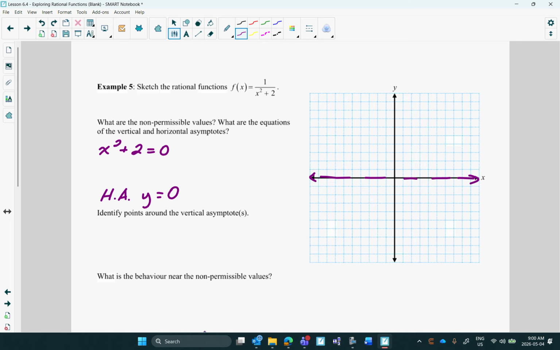Pick a number. 10? 10 squared plus 2? That's not 0. Pick another number. 3 squared plus 2 doesn't equal 0.